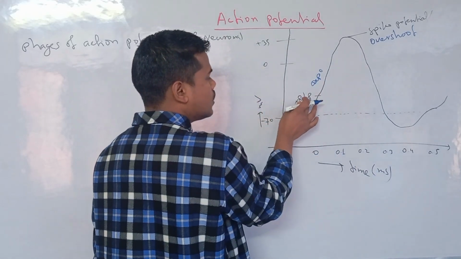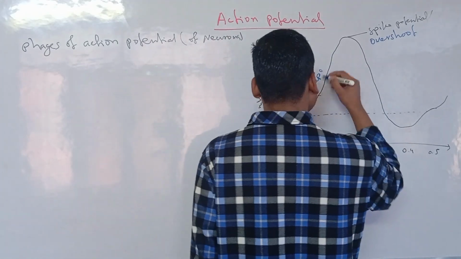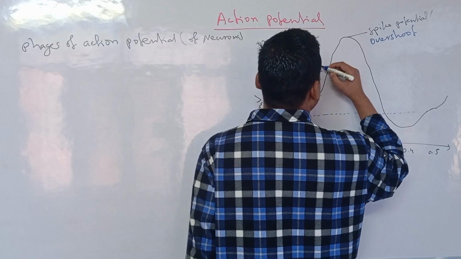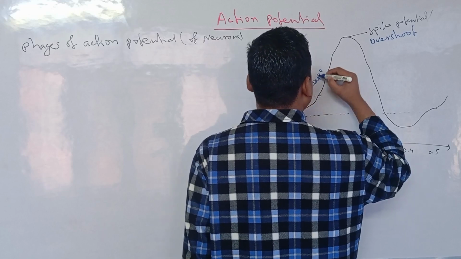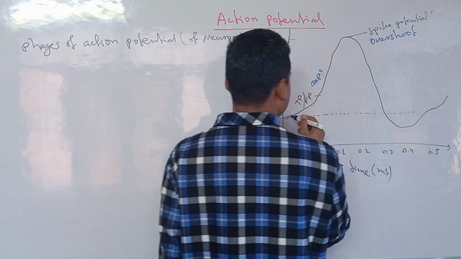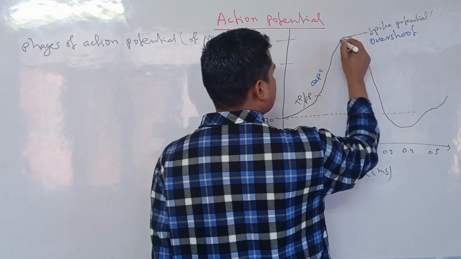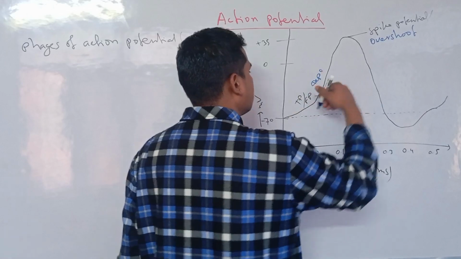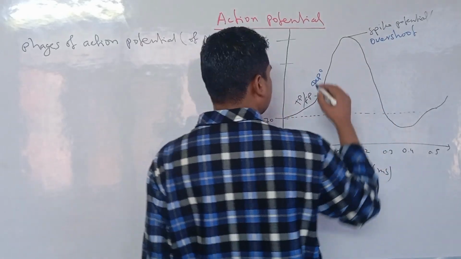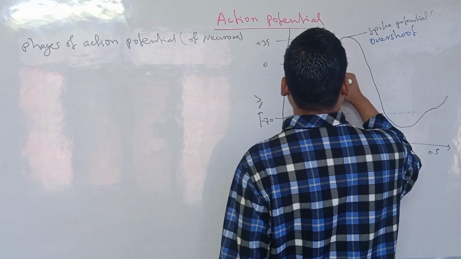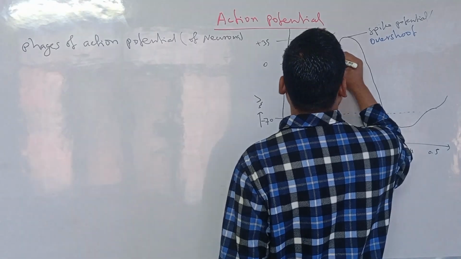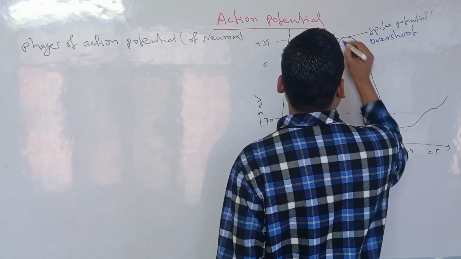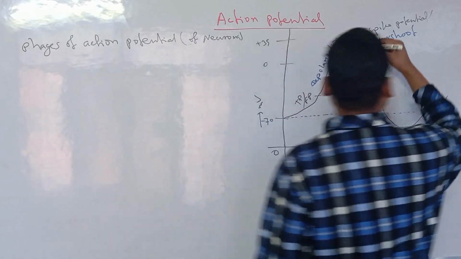After the threshold potential is reached, full depolarization occurs. When the potential tries to rise towards positive, that phenomenon is depolarization.